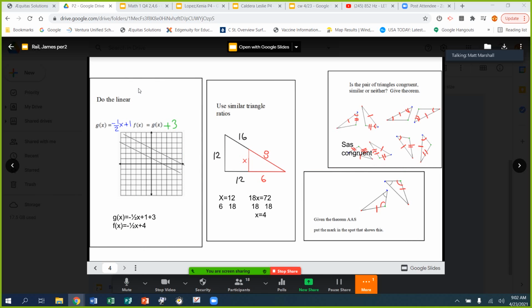Can you see that? All right. Can you tell me about what you did on this slide, James? How about this? Which one is the image? Which one was the image?